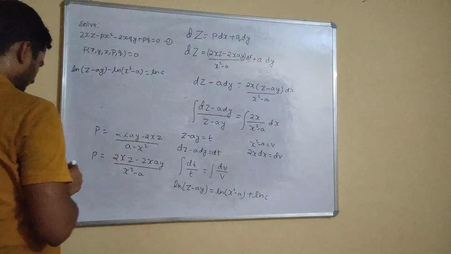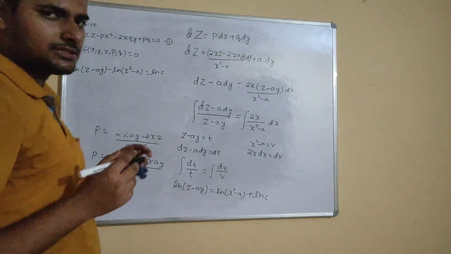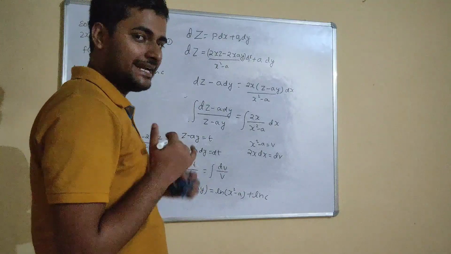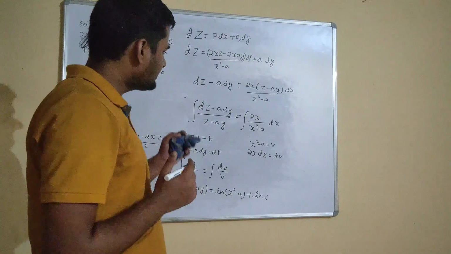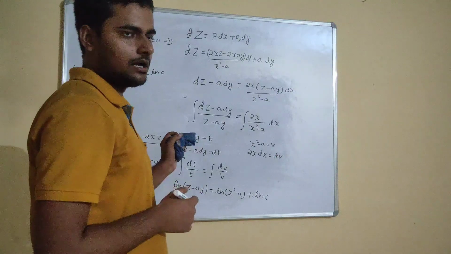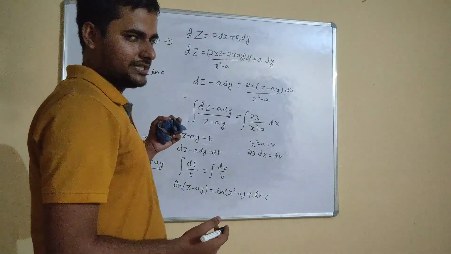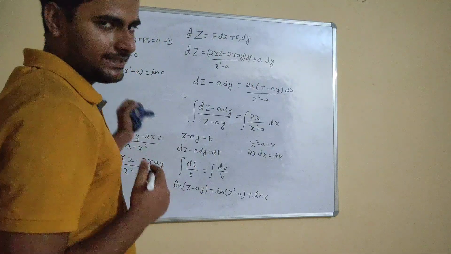I hope you are understanding. I don't think any of this step is confusing. It's a pre-decided step. Just the integral is changing question to question. The auxiliary equation is changing. That's it. The method is pre-decided.